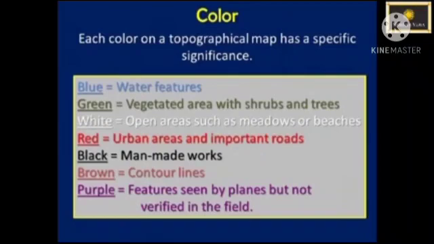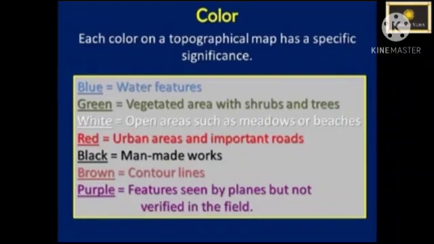Do you know why colors are used in topo sheets? Colors help to understand the maps more efficiently. Example, blue to show water bodies, which includes oceans, seas, lakes, rivers, ponds and wells.